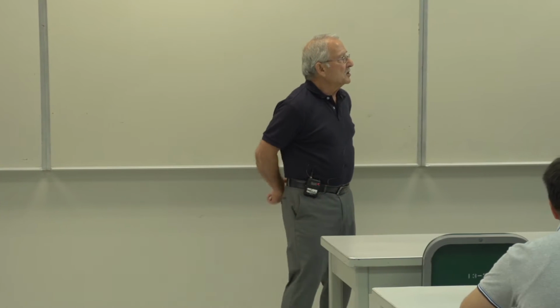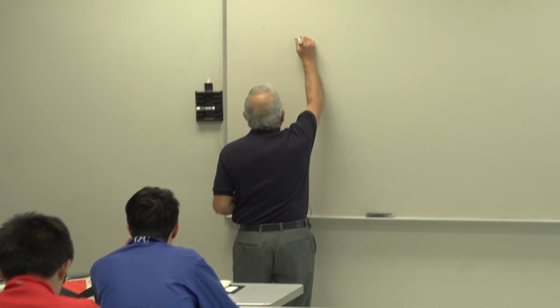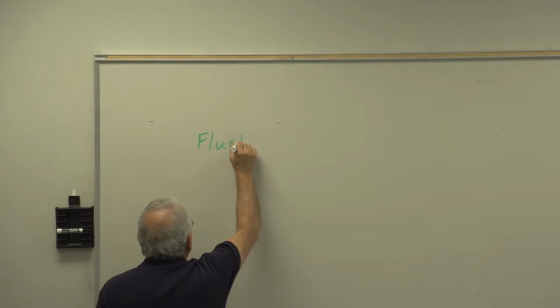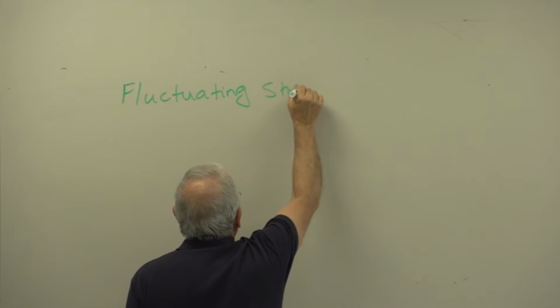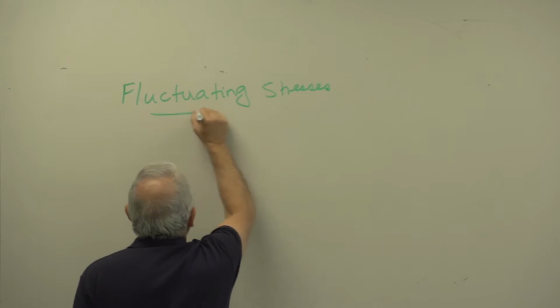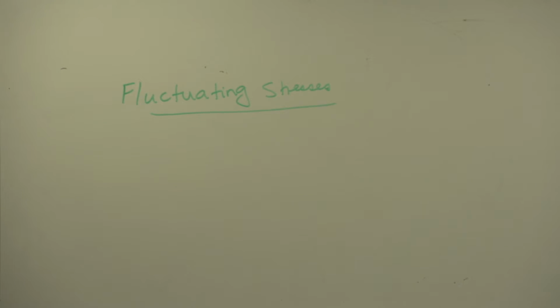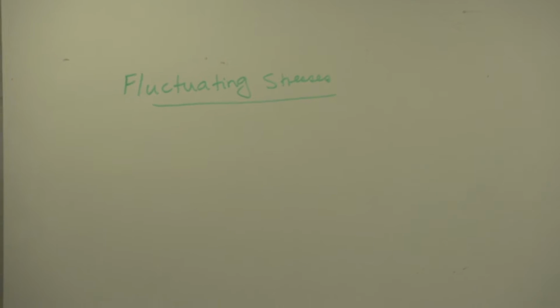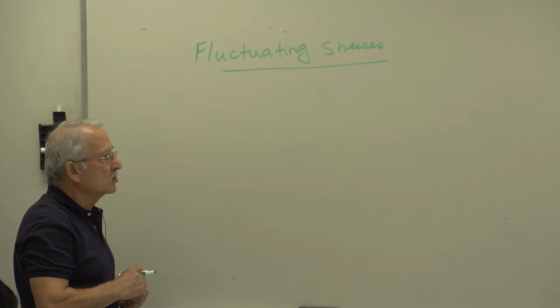In order to analyze these different types of loading, all of which are called fluctuating, rather than completely reversed, we define a number of variables that we use often.